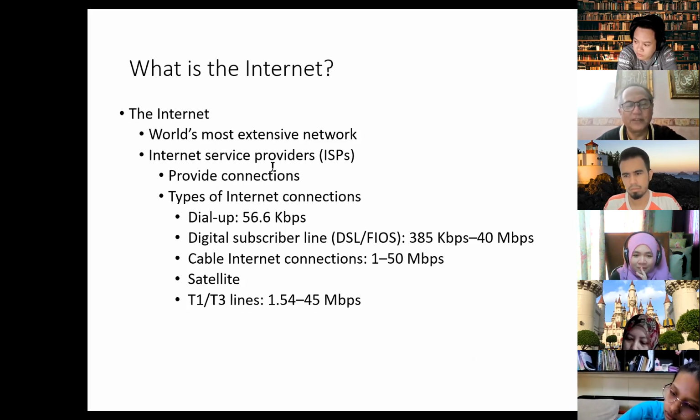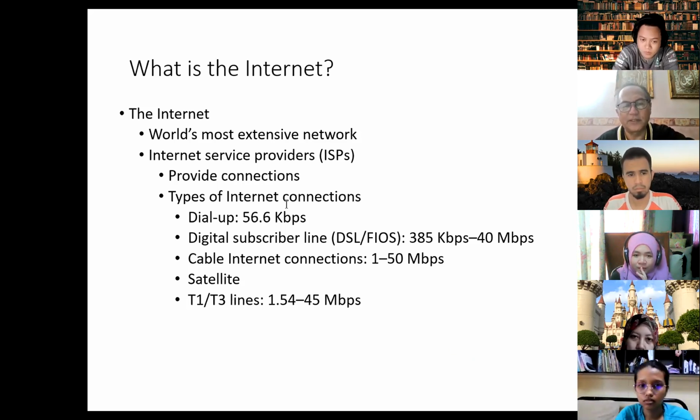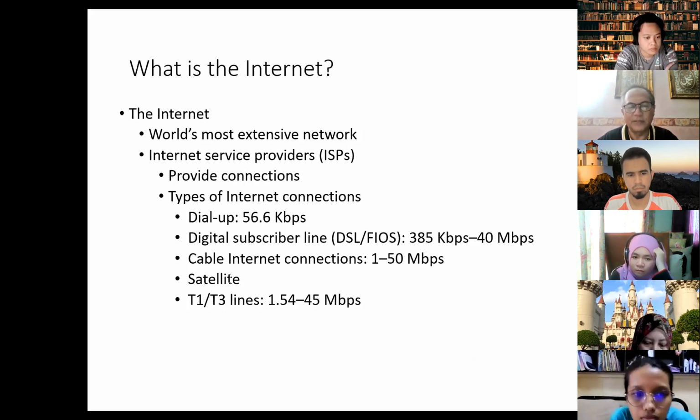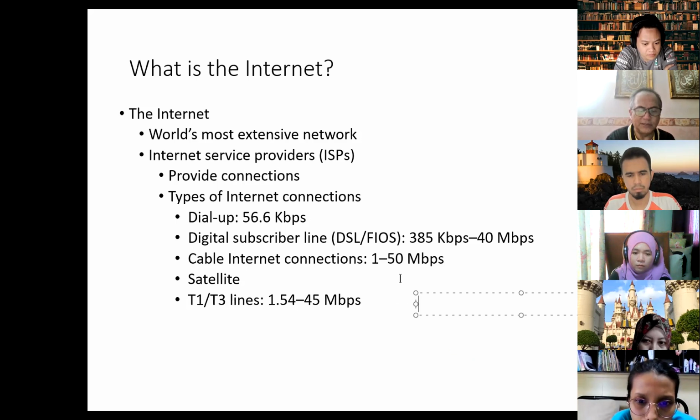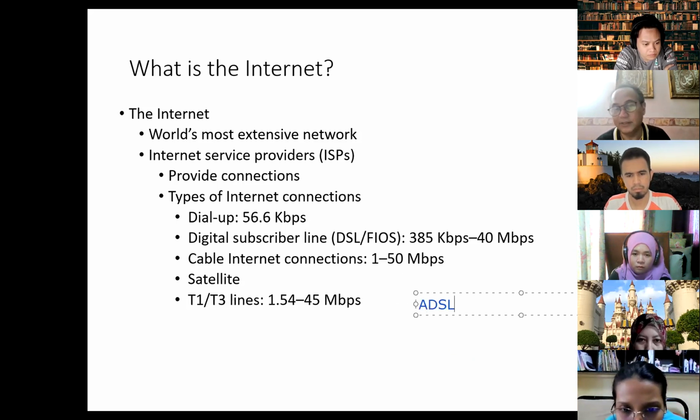They comprise internet service providers that provide the connection. There are many connection types. We have T1, T3, satellite communication, cable internet, and digital subscriber line. The most common here in Malaysia for quite some time is ADSL, asynchronous digital subscriber line.